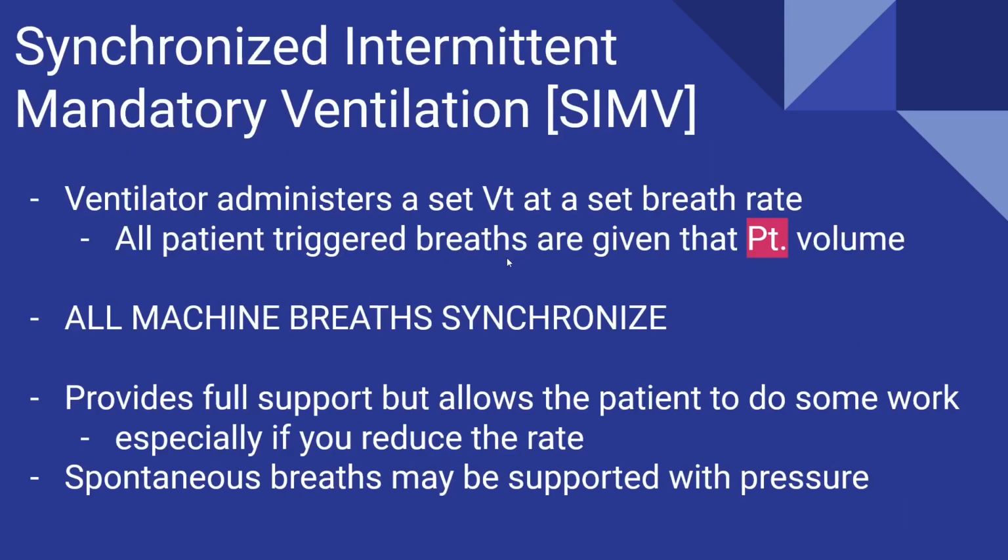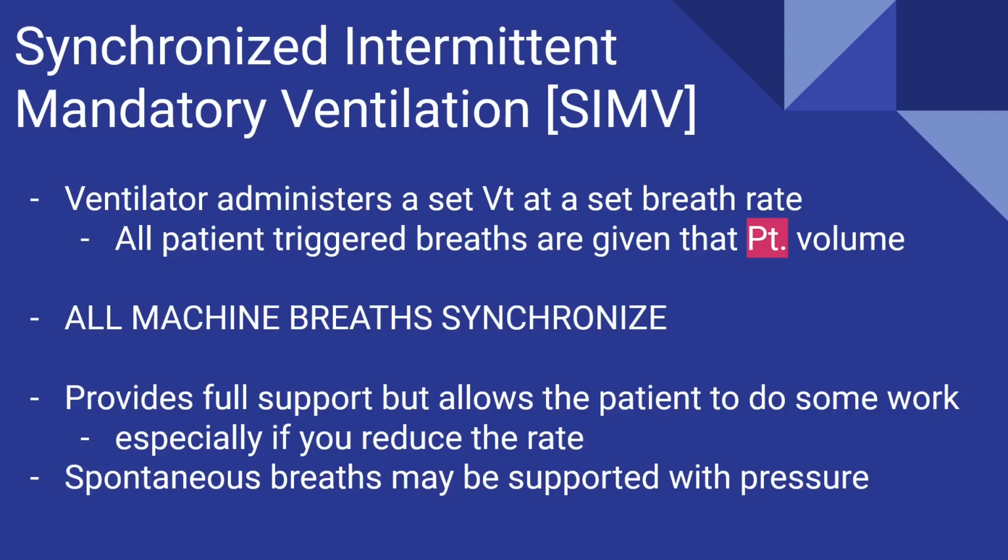The next setting is known as synchronized intermittent mandatory ventilation, or SIMV. This vent setting is very similar to assist control, but allows the patient to do some more work for themselves. So it'll still administer a set tidal volume, so still that 6 to 8 milliliters per kilogram at a set rate.